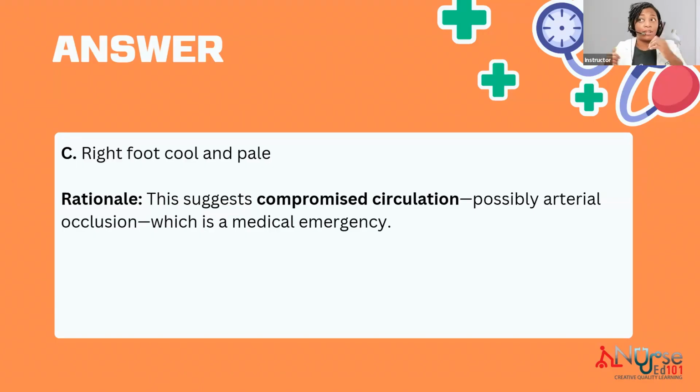If that foot itself, the most distal part, is cool and pale, that could signify compromised circulation, poor perfusion, that maybe there's an occlusion coming from the femoral artery where they went in to do the catheterization. This is considered a medical emergency. This is the safest and most appropriate answer to choose because we've got to do something about it.